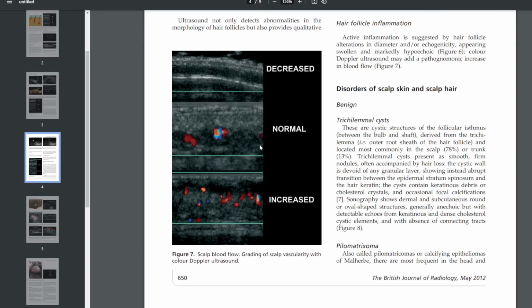So that can kind of tell us some things. If an area is rife with a lot of, let's say, blood, or a lot of excess fluid, it could suggest that maybe there's some sort of inflammatory process going on.